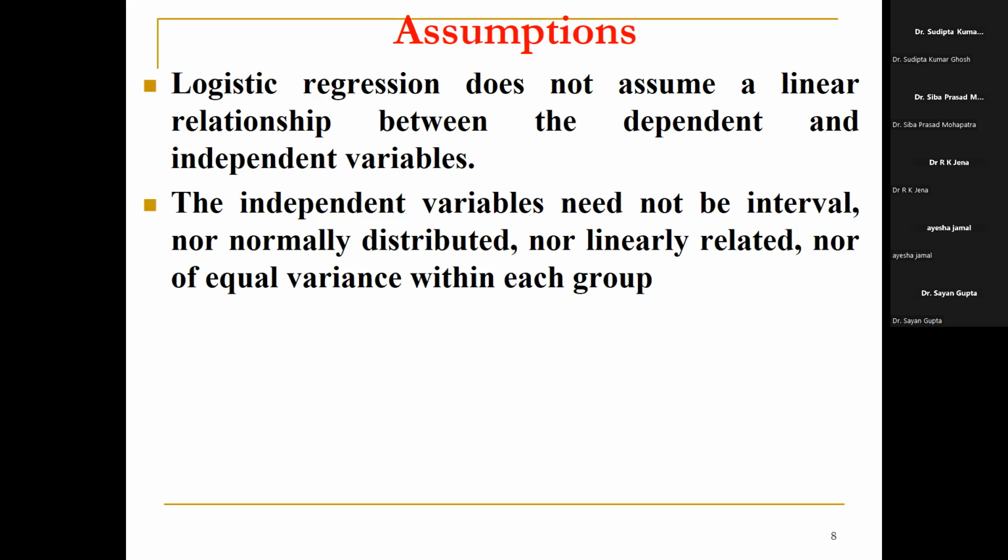Second, if you remember, in linear regression each independent variable must be normally distributed. But here that constraint is not there. Also, in linear regression the dependent and independent variables must have a linear relationship, but in logistic regression we don't care about that.